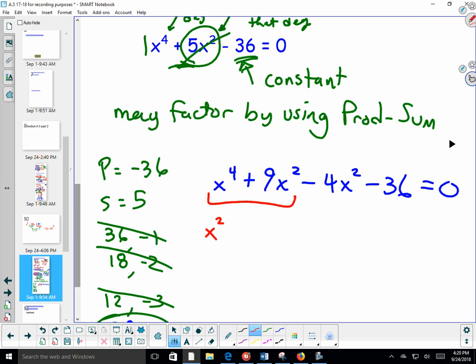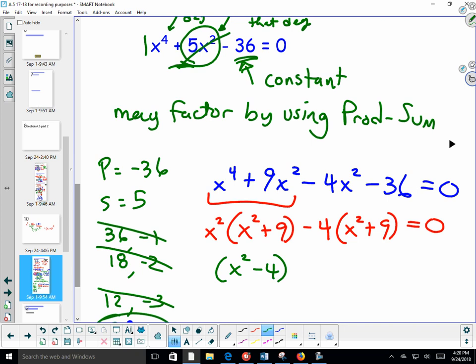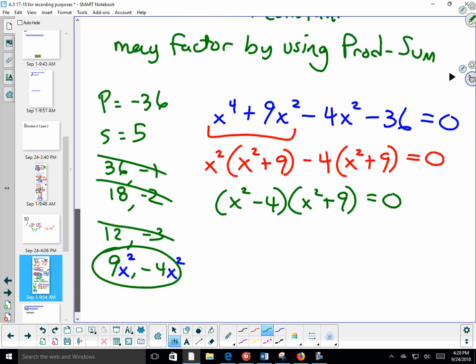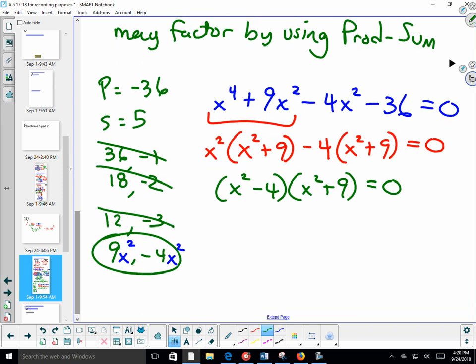I can factor out an x squared, and what do I have left? x squared plus 9. And I'm going to factor out a minus 4, and I'm going to have x squared plus 9 again, equaling 0. So my final factored form, well, maybe not final, is x squared minus 4 times x squared plus 9 equals 0.